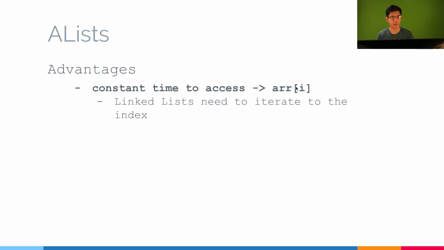In comparison to linked lists, this is really great, because with linked lists, if we wanted to find an element in the middle, we would have to move in from one of the sentinel nodes and then either iterate or recurse to that position. So in the worst case, it takes a linked list linear time to get an item from the list.